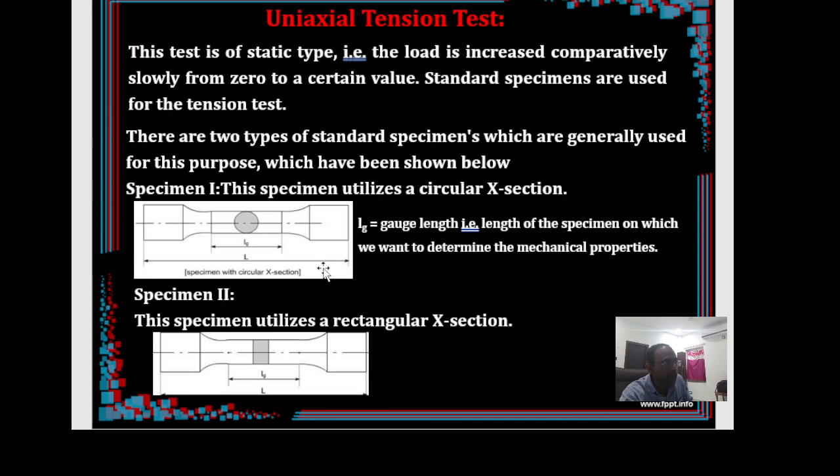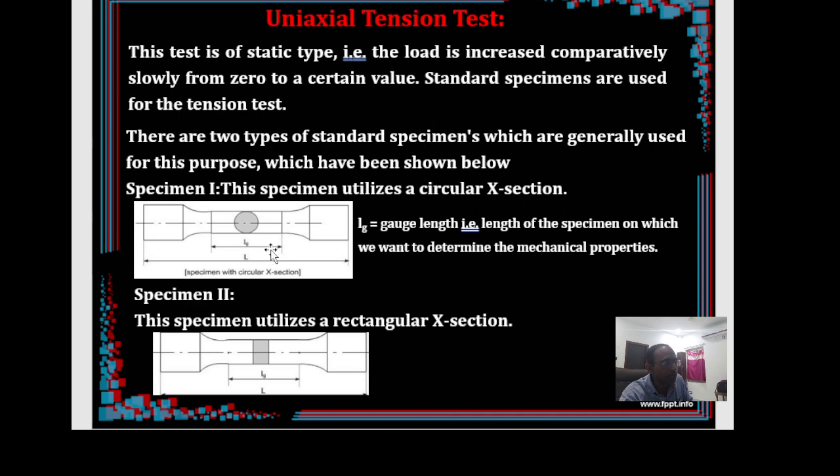If this is the length of the specimen, we have to keep some grip, because the specimen has to be held in the machine, so some grip is left on either side, and in between a length is kept separately for the measurement and calculations. That length we call the gauge length.